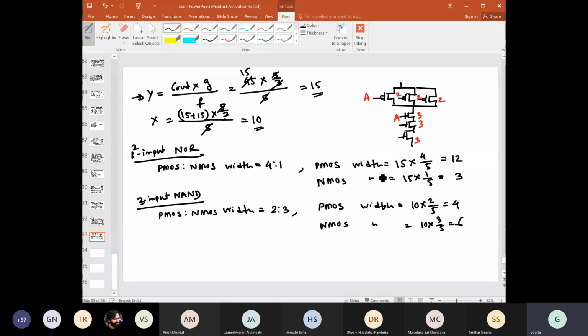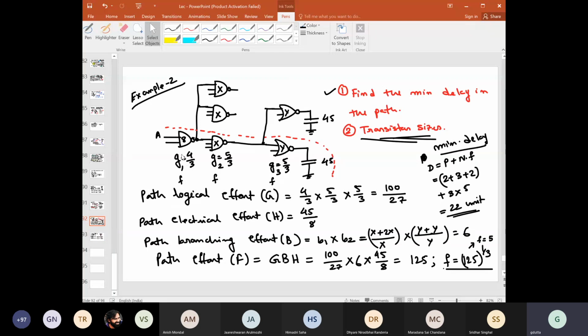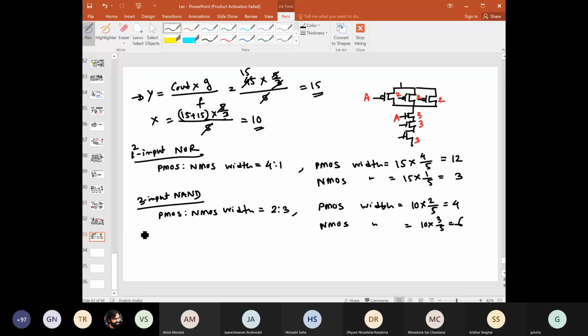Now let us also find, because we have been asked to find the total width for all, let us also find it for the 2 input NAND gate. What would be the width of the PMOS and NMOS for the 2 input NAND gate?